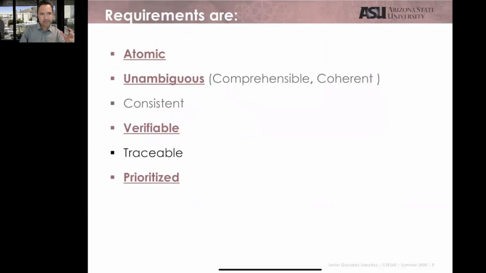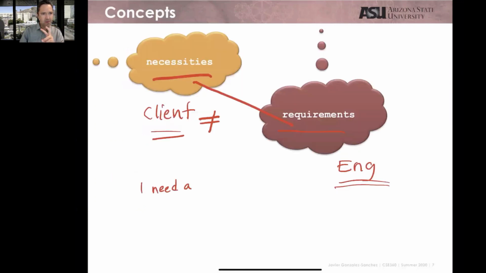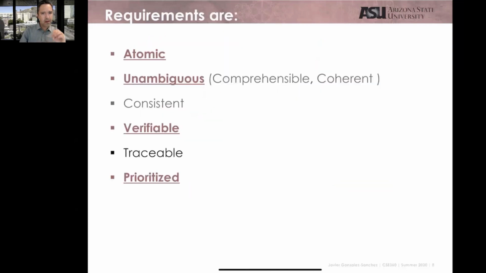Well, necessity, yes. Let me tell you this. The difference between these two are these ideas. I can ask you, I need the most beautiful piece of software that you can create. Can you measure that?